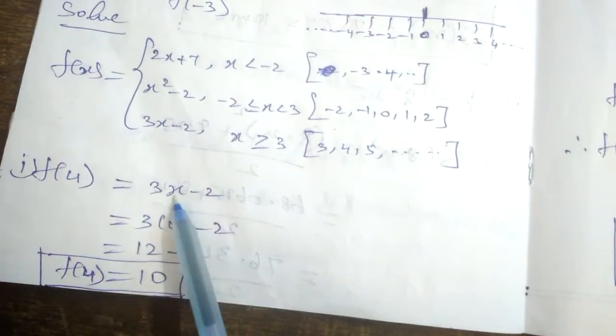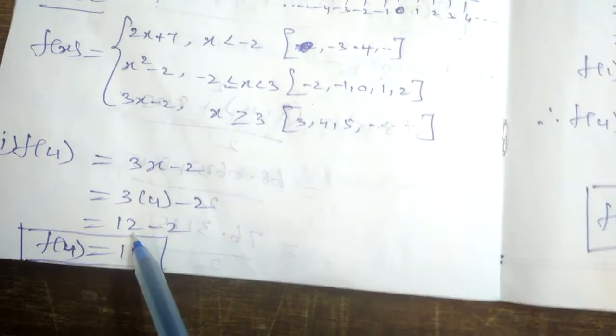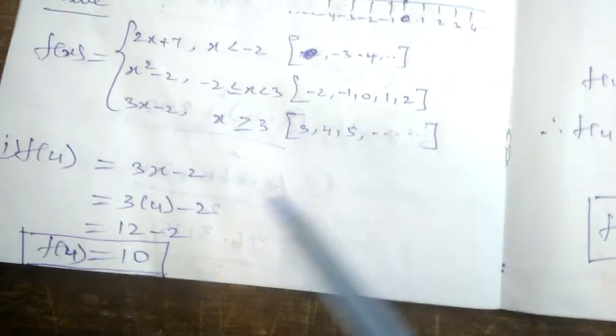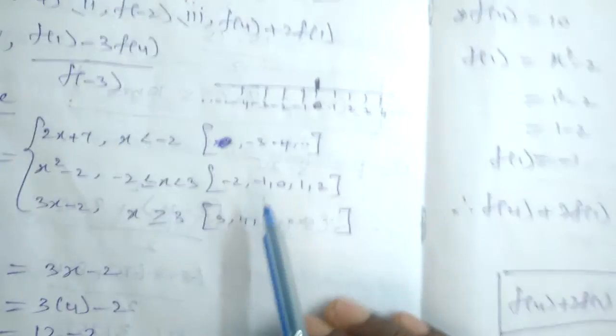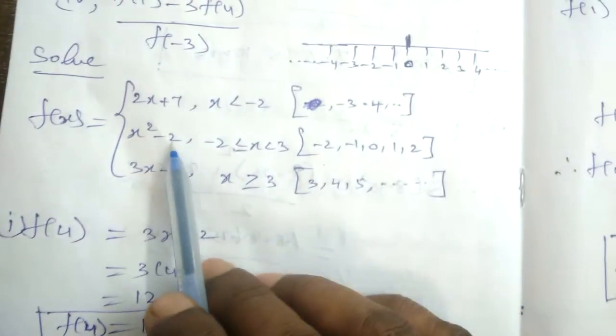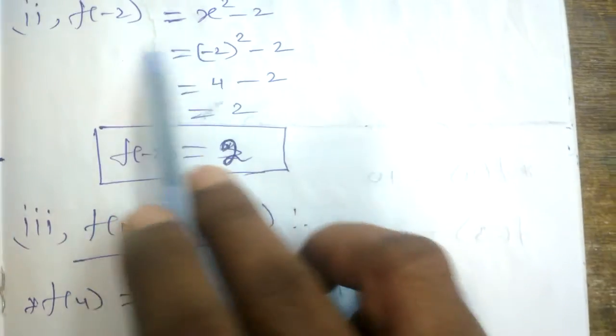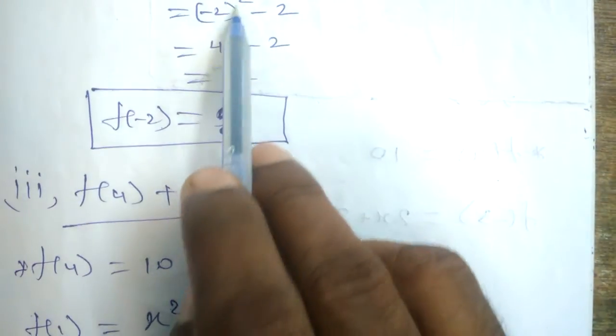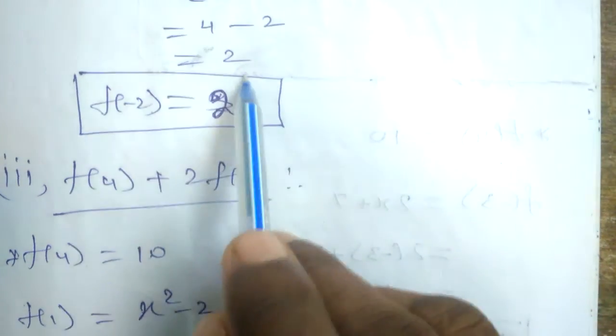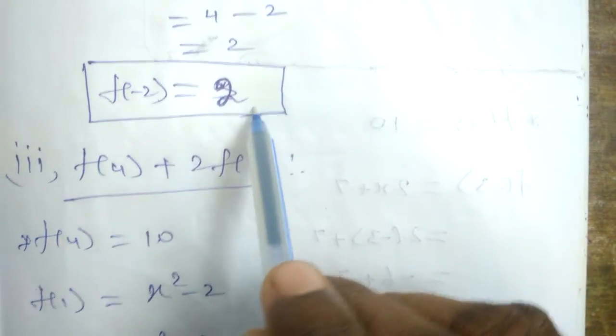Substitute x is equal to 4: 3 times 4 minus 2, 3 fours are 12, minus 2 is equal to 10. Same for f of minus 2. Where does minus 2 lie? Minus 2 lies on x squared minus 2. So we take x squared minus 2. Put x is equal to minus 2: minus 2 whole squared minus 2 is 4 minus 2, equal to 2. So f of minus 2 is equal to 2.